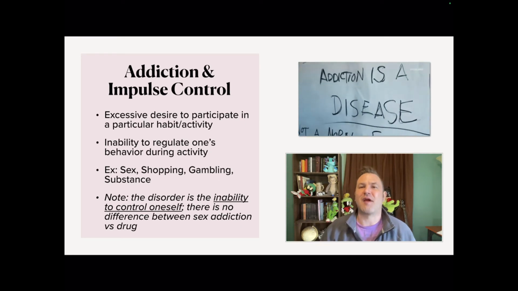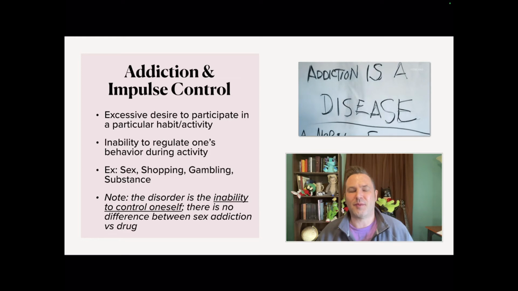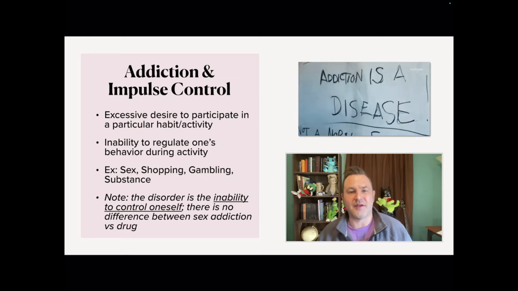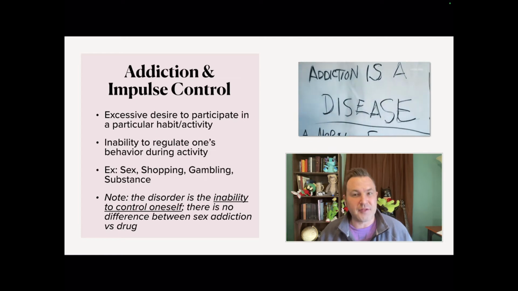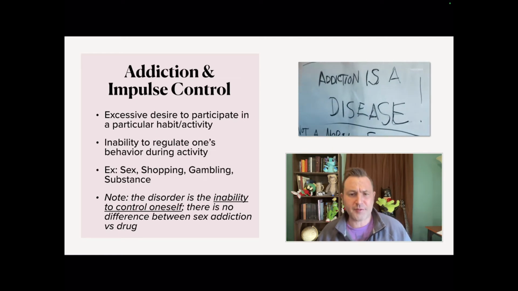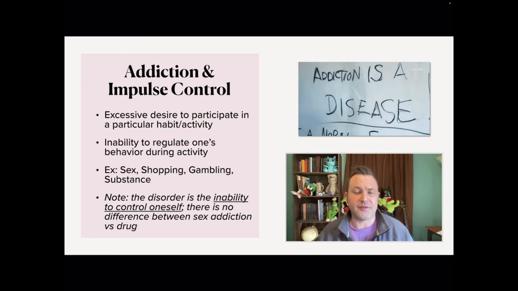Sorry, rabbit track. Addiction and impulse control is the excessive desire to participate in a particular habit or activity, or an inability to regulate one's behavior during the activity. Some examples of this are sex, shopping, gambling, substance abuse.